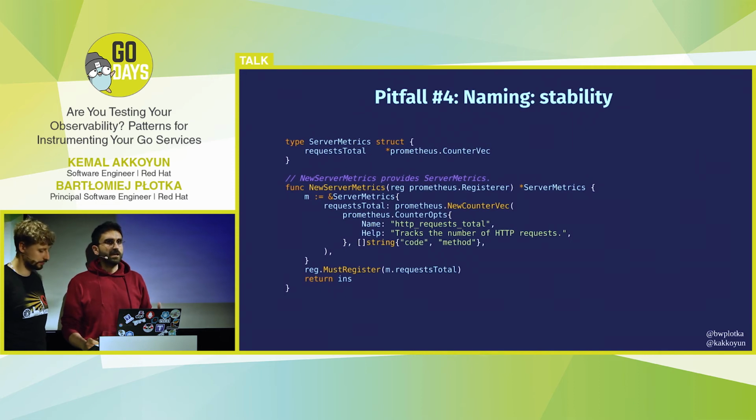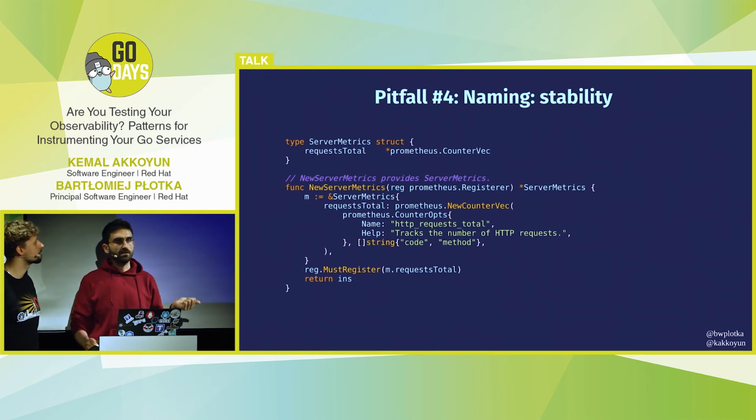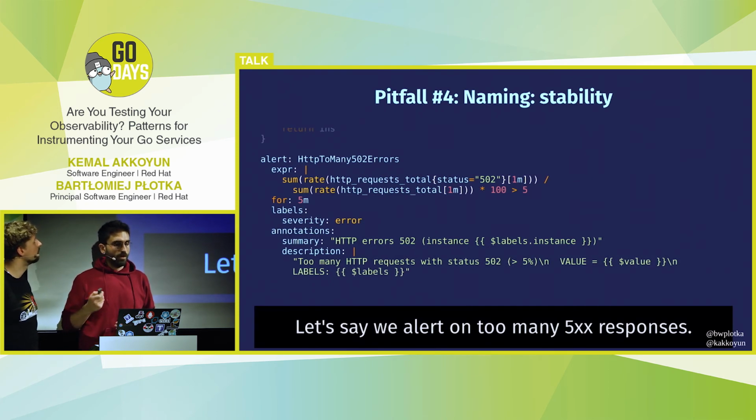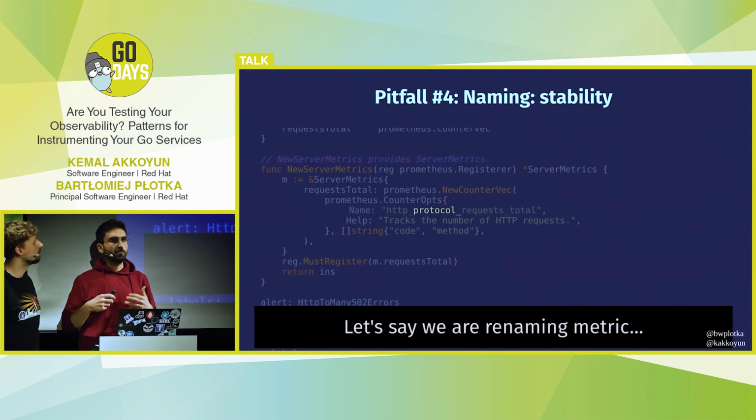So yes, yet another issue about the naming is the stability. So in here, I show you I'm declaring a metric, and it's the one from the previous slides, HTTP request total, where we track the number of the requests that we have in the system. And then we build an alert on it, as Bartek showed. And then for whatever reason, we decided to change the metric name because of some regulations or whatnot.